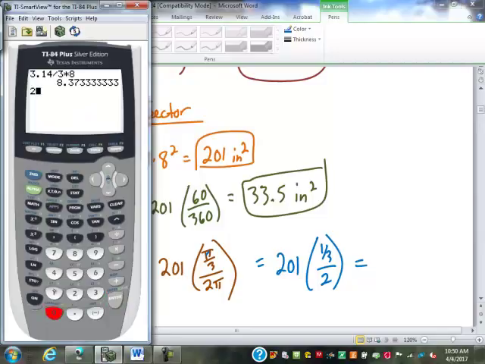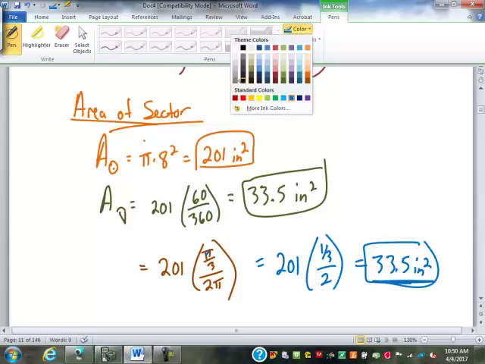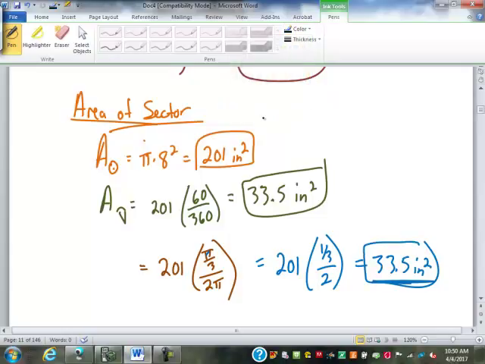So 201 times 1/3 divided by 2, 33.5. So there isn't a simpler way of doing it with the radians, other than canceling out the pi's.